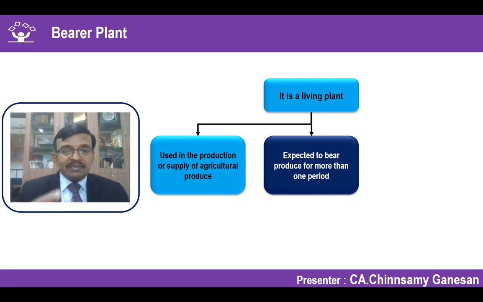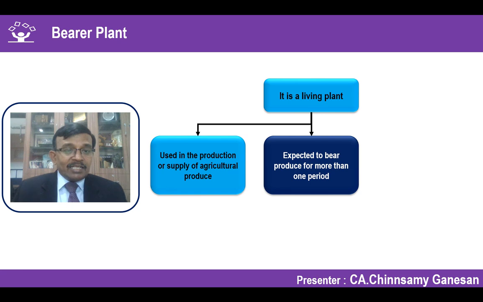You get rice or processed wheat, right? So, expected to bear the produce for more than one period. In case of rice or wheat, it is only for one season within the year. So accordingly, they will be outside the purview of bearer plant, even though they are bearing the produce, but for not more than one period, they are not considered.